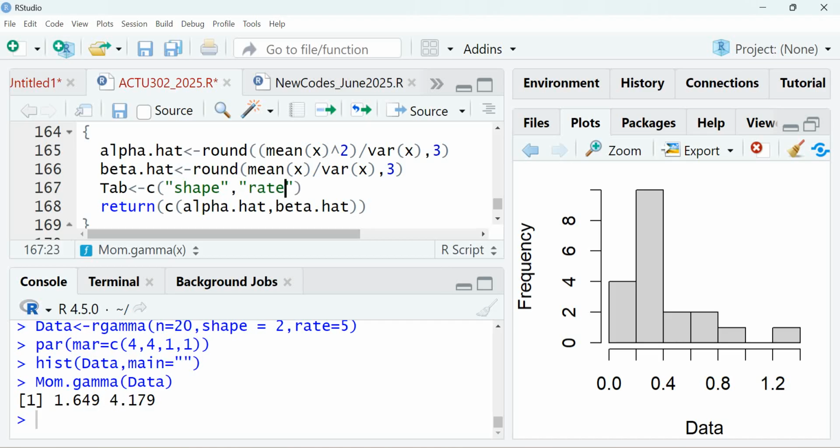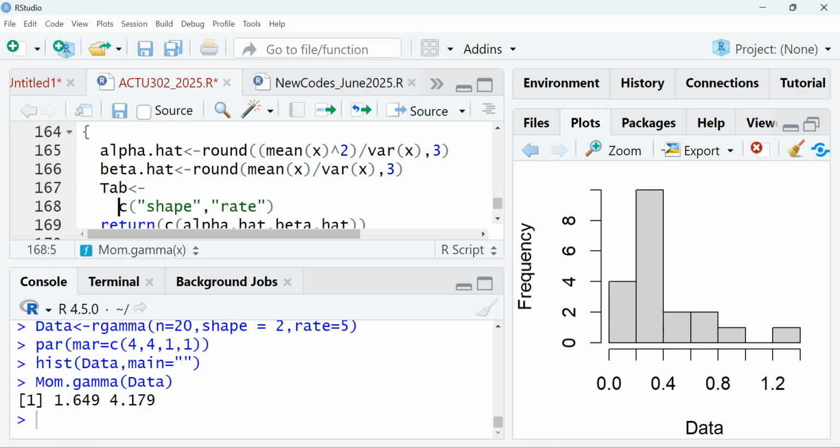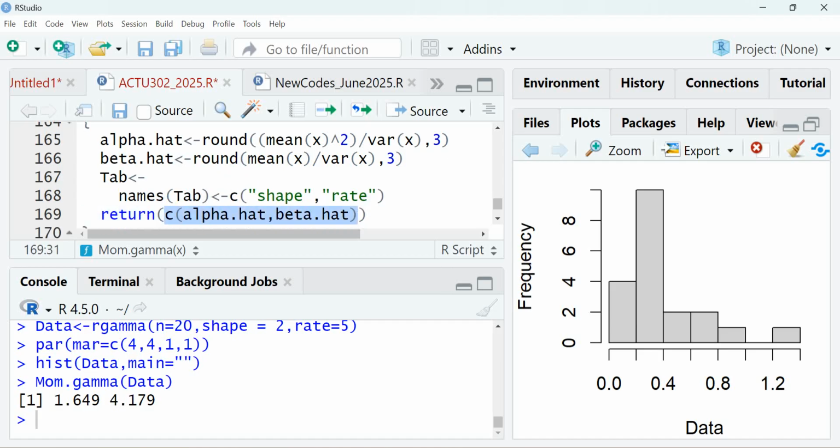Alright, so if you do that, I need to do names of tab as that, and then tab should rather be this, and then I call tab, right?